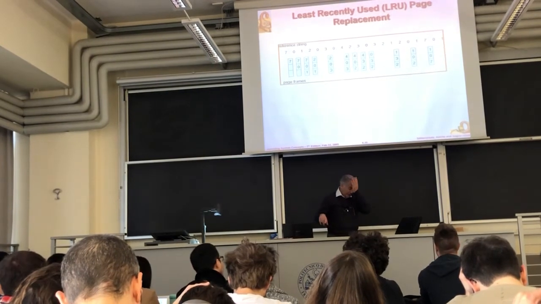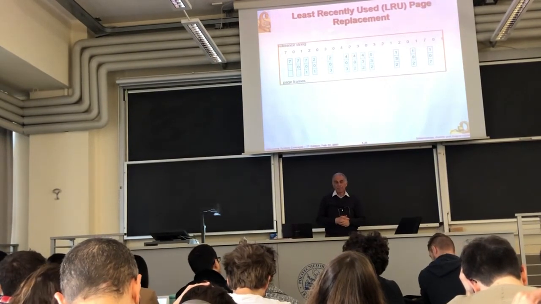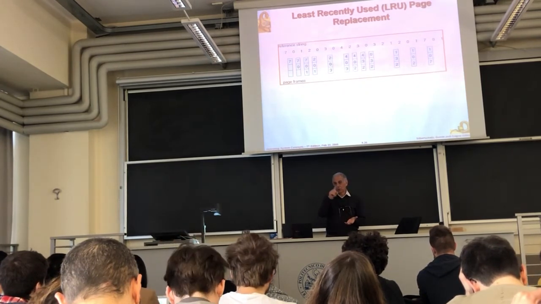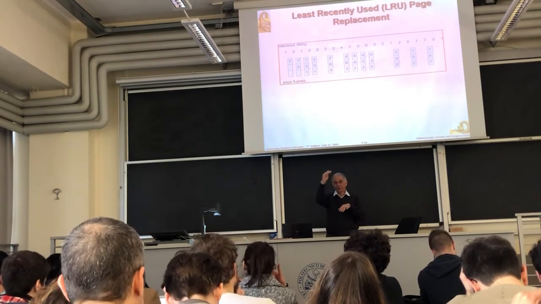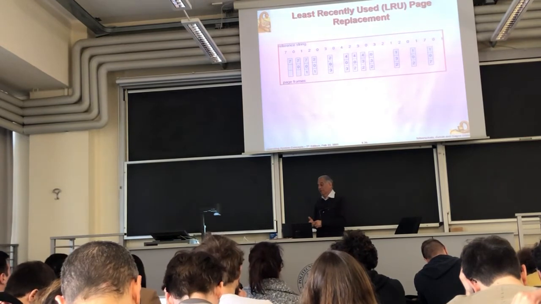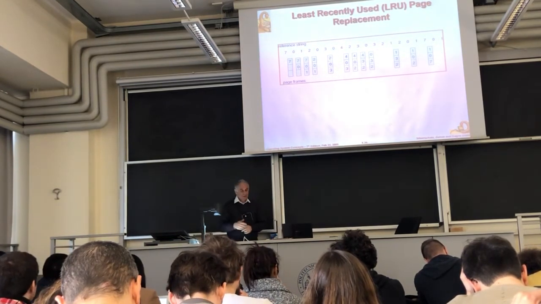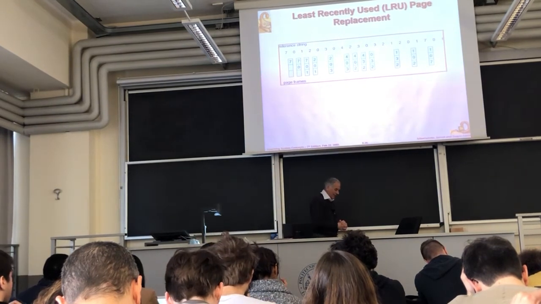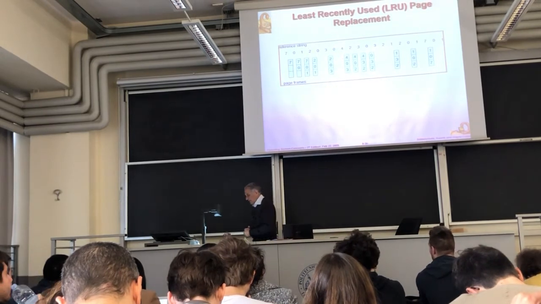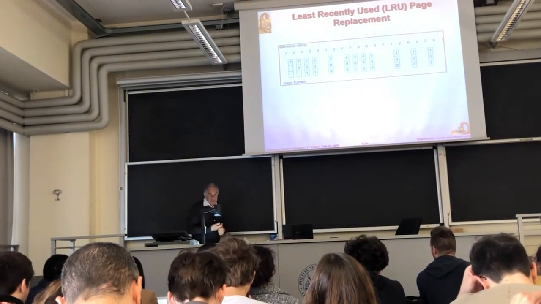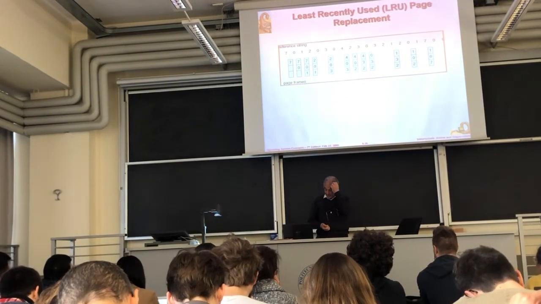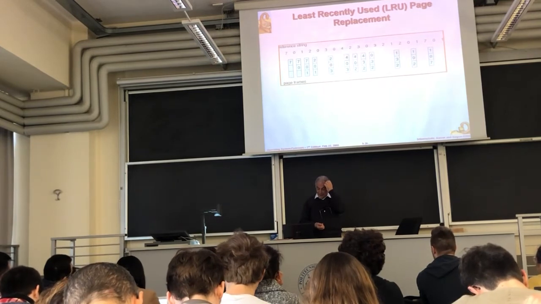The alternative strategy is considering that programs instead do quite short loops. Short, I mean that use a set of pages that are used frequently in loops. Having this in mind, we can implement another strategy called the least recently used page replacement strategy. So what does it mean?